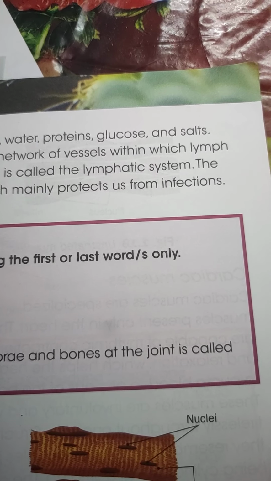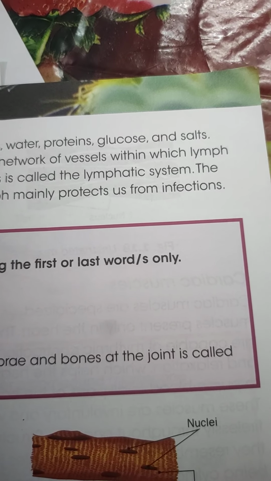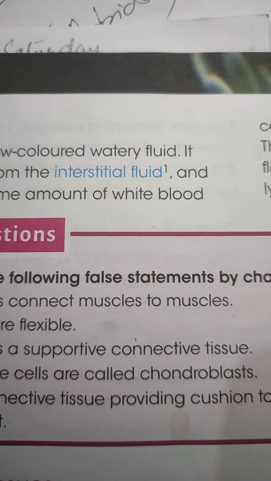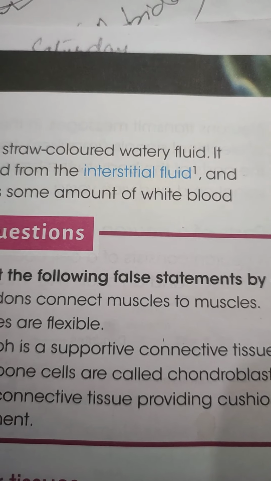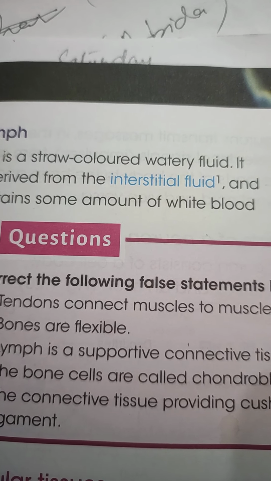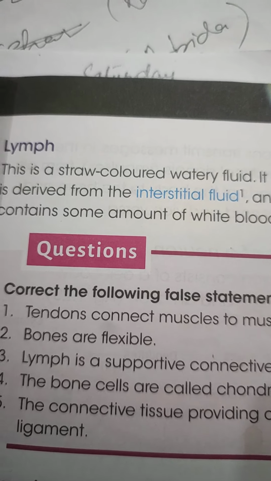Means the blood which is flowing in the artery seeps out into the interstitial spaces between the cells. So it seeps out where the blood vessels cannot reach properly, where proper transportation cannot be possible.